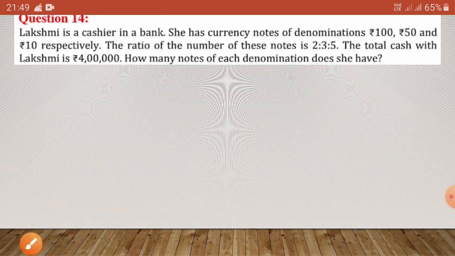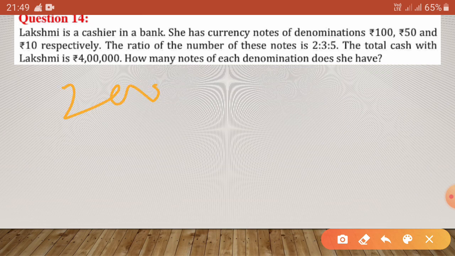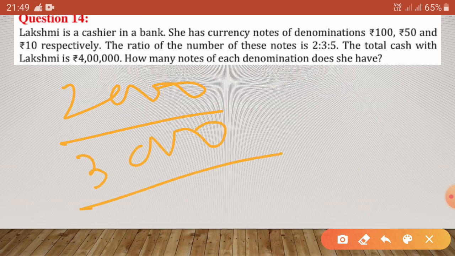So ultimately we got the number of 100 notes, that is 2000. The number of 50 notes, that is 3000, and the number of 10 rupee notes is 5000.